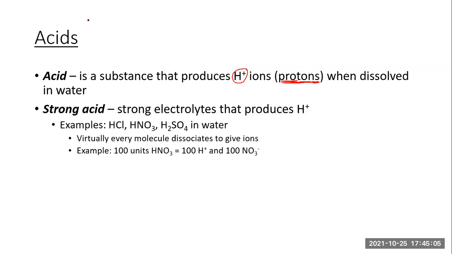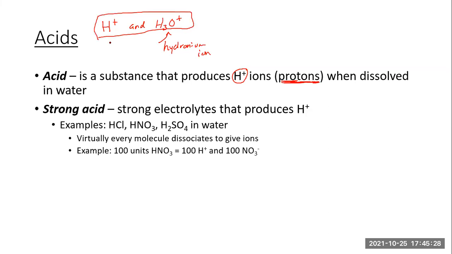But in pretty much all of this chapter, and when you are dealing with acid-base chemistry, H+ and H3O+, which is referred to as the hydronium ion, are, for all intents and purposes, the same.